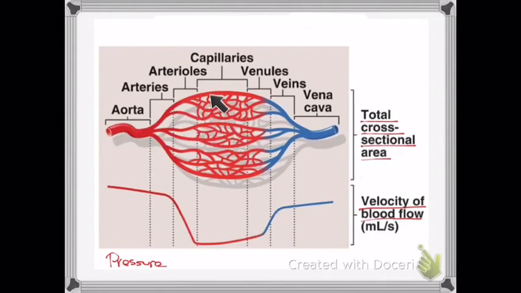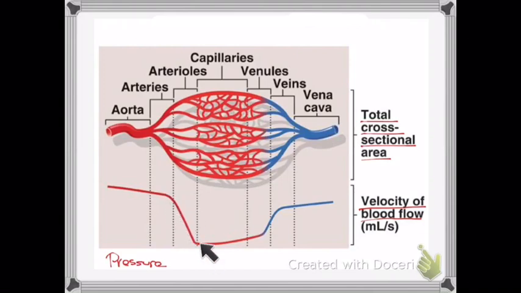So aorta, the pressure is at its highest, then it enters arteries, arterioles it significantly drops, as there's several hundred of arterioles, and then thousands, if not millions, of capillaries. So that's when we see our lowest pressure. Then it enters the venules, it rises, and the veins, and then the vena cava. Okay, there's not really too much to talk about in this diagram.